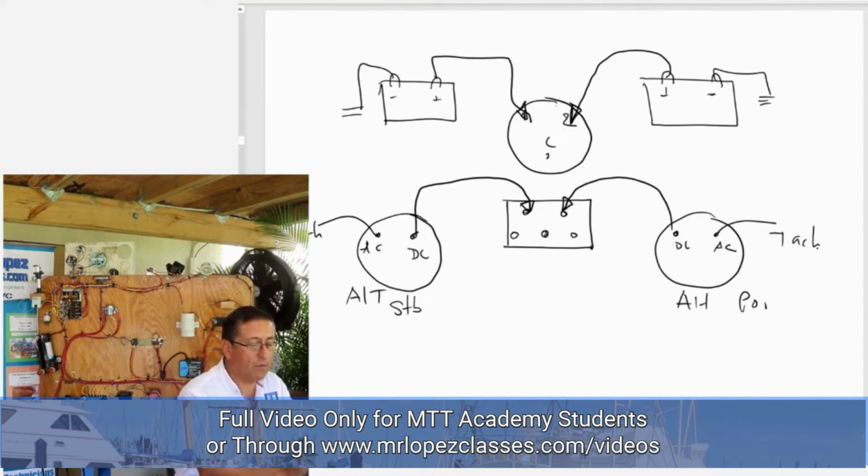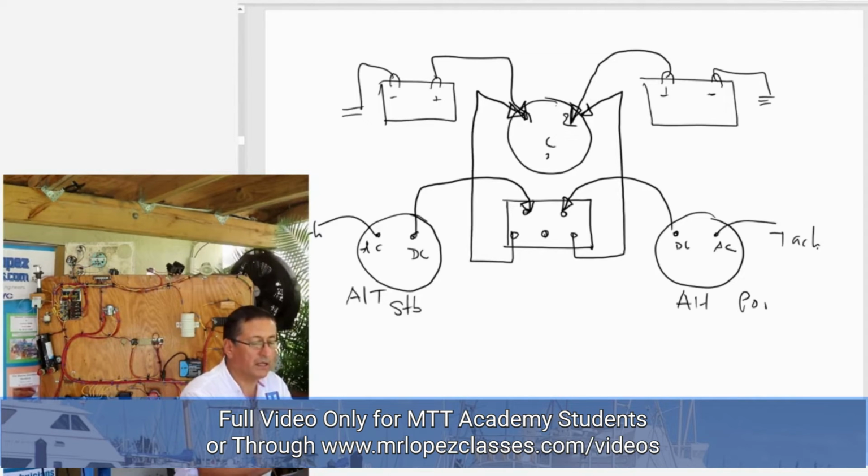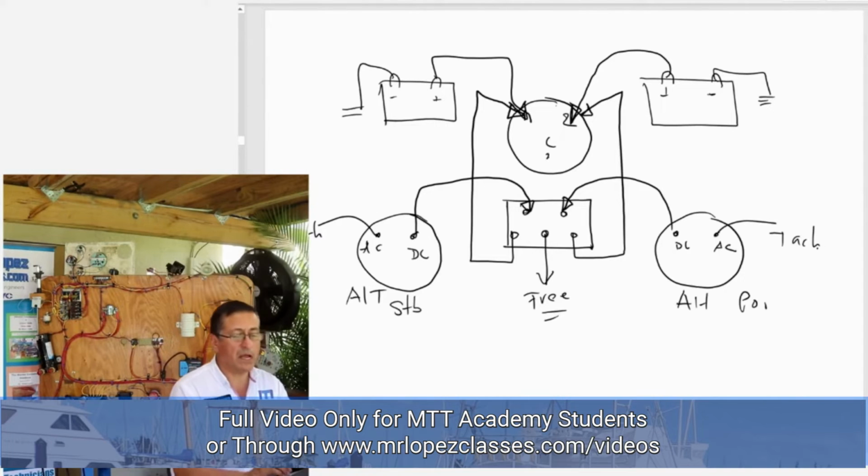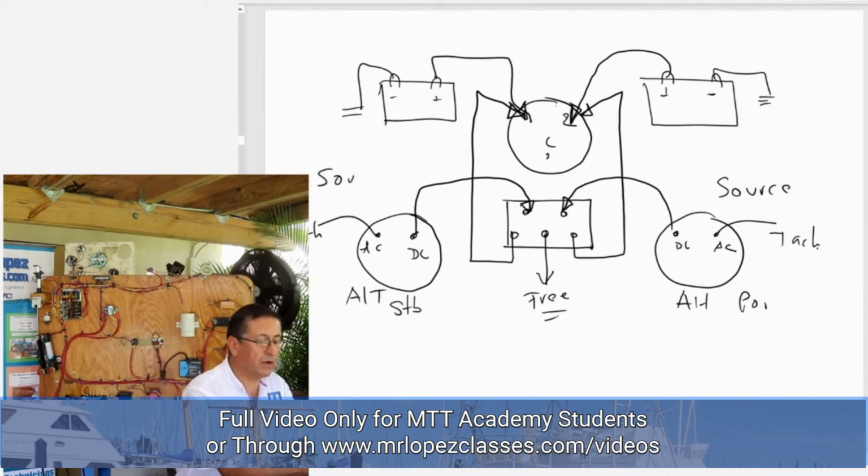I have one output connected here, and another output connected over there. And this other output is free in order to connect another battery bank. And this is the procedure. I have one source of power, another source of power, and the ACR with two inputs and three outputs.